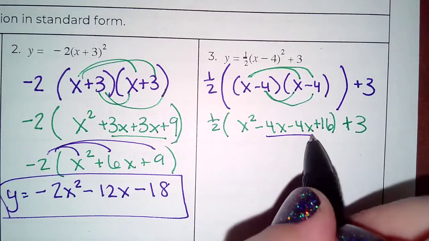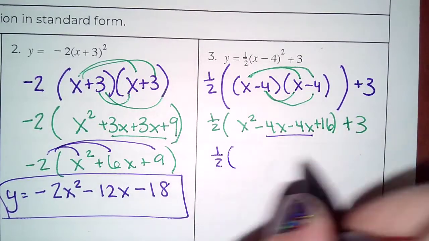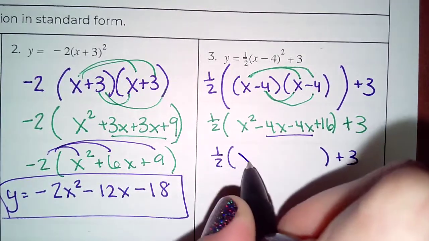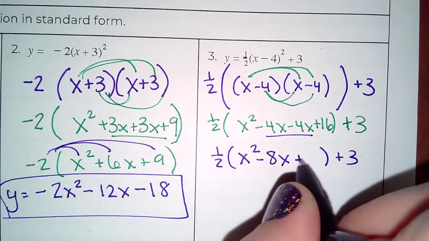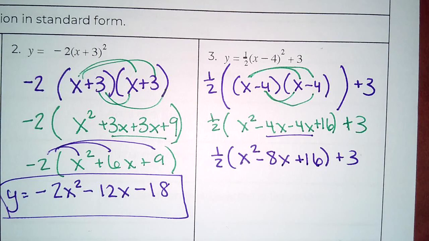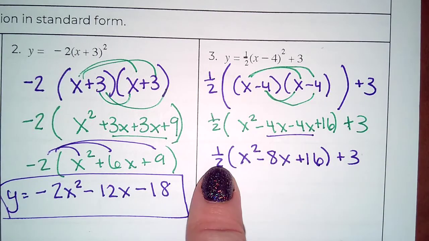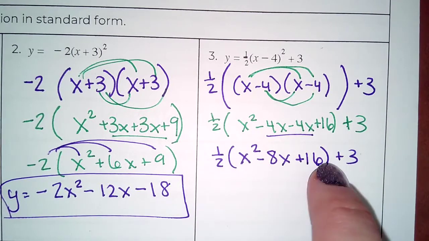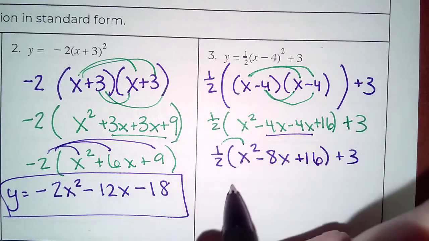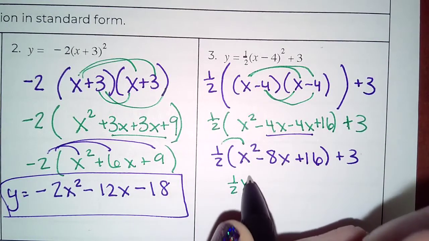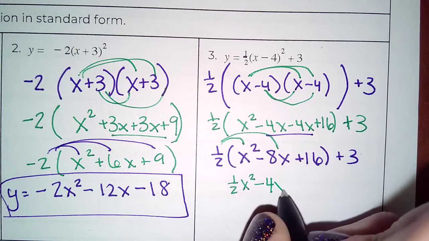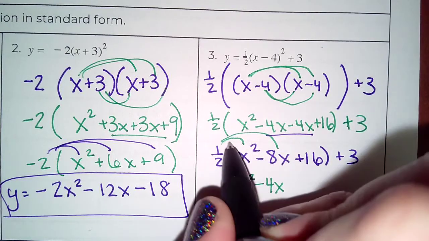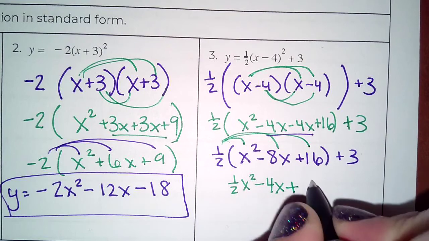Combine your like terms in the middle. So 1/2 times all that plus 3: x squared minus 8x plus 16. Order of operations now says distribute that 1/2 inside that trinomial. So 1/2 times x squared is 1/2 x squared. 1/2 times -8x is -4x. 1/2 times 16 is positive 8.